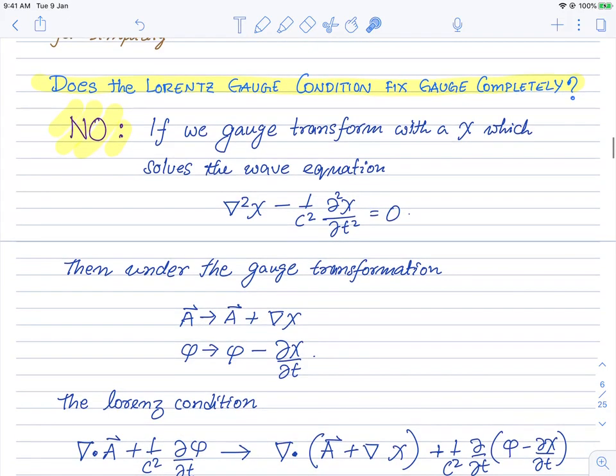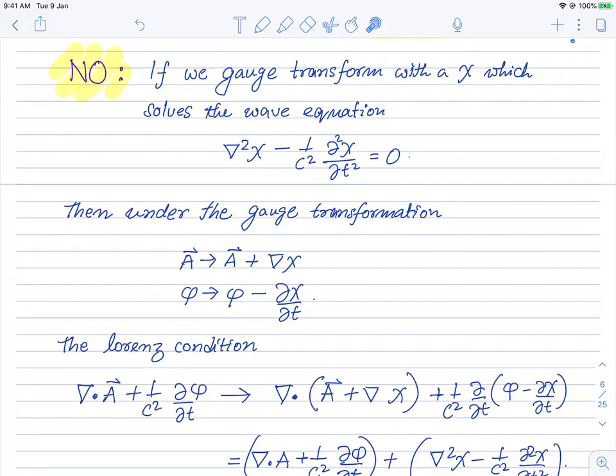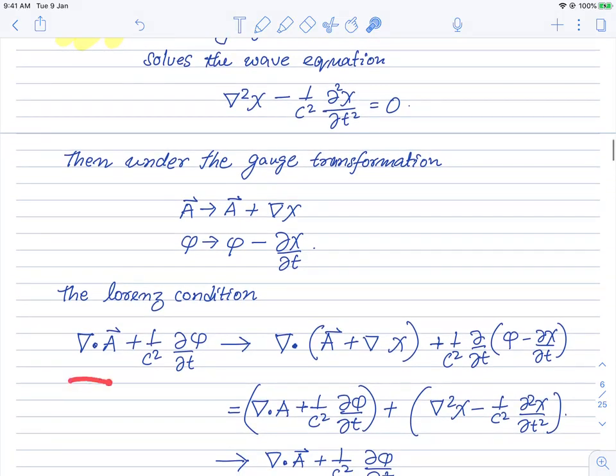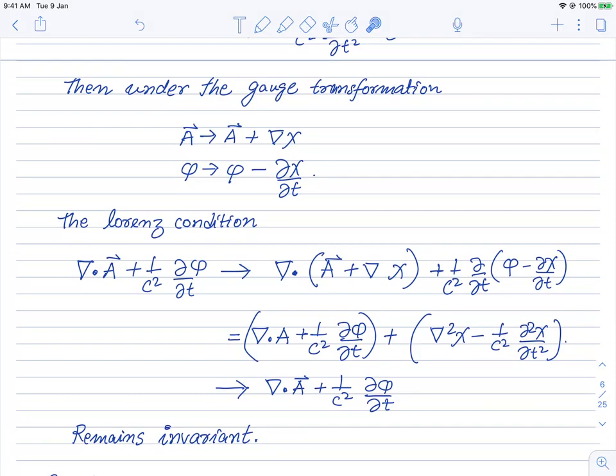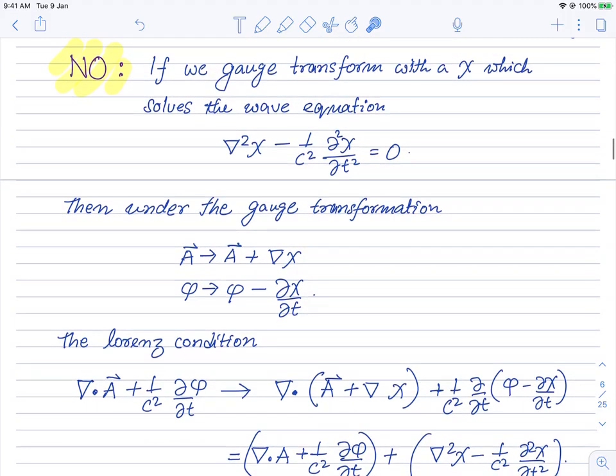Once we take some of those non-trivial solutions and do a gauge transformation with such a chi, we see that the Lorentz condition remains invariant. You can just go through the steps and you'll see that we get this additional term, which is the wave equation, and that vanishes. Because it vanishes, the Lorentz condition is invariant under a gauge transformation where the chi is chosen to be a solution of the wave equation.